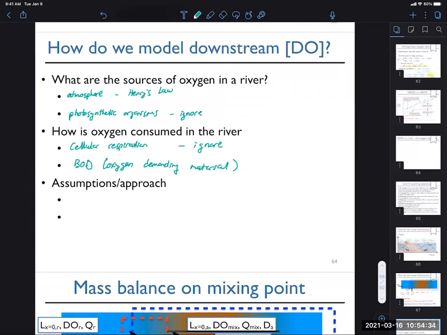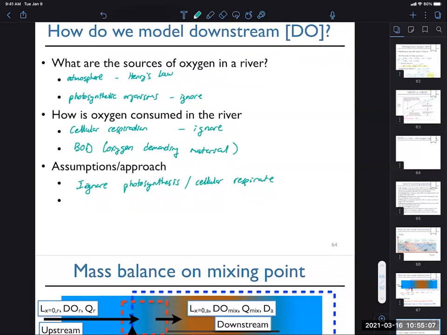All right, our assumptions, just to formally say this, we're going to ignore photosynthesis and cellular respiration. So we're just going to think about the physical processes, and also we're going to focus on the bulk microbiological processes involving BOD utilization. And this assumption is justified because these are small in comparison.